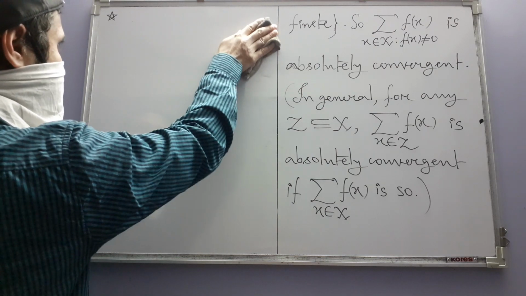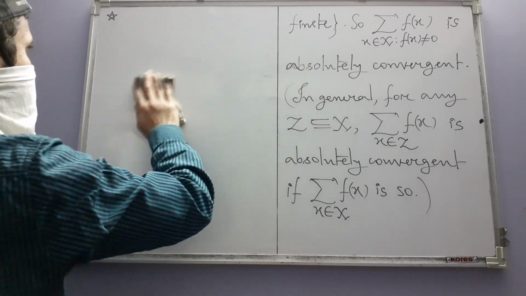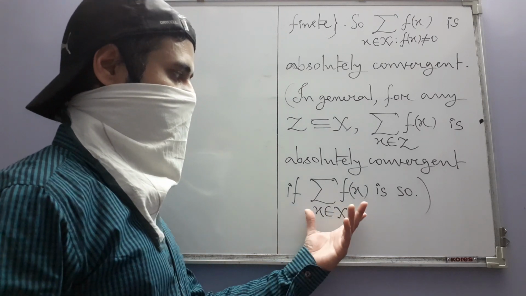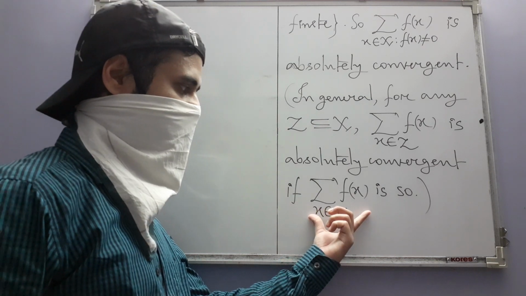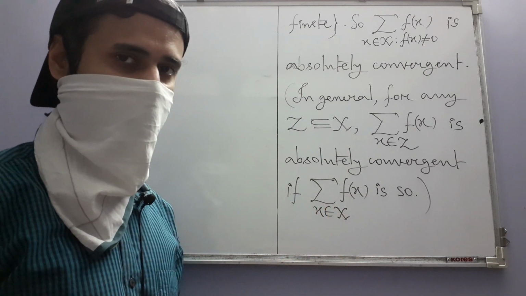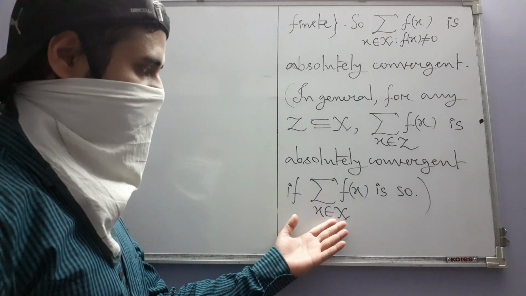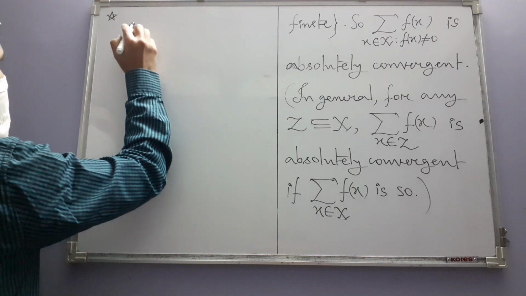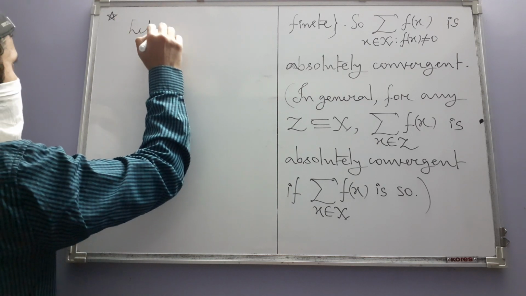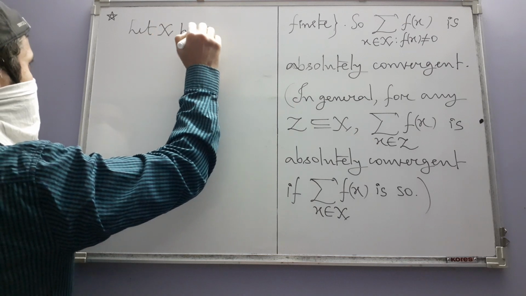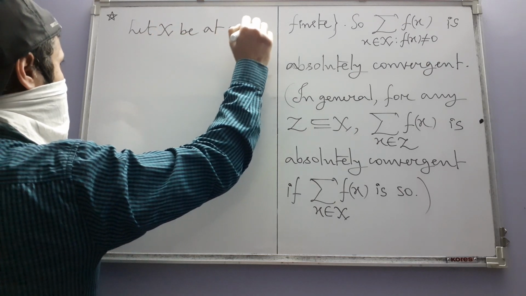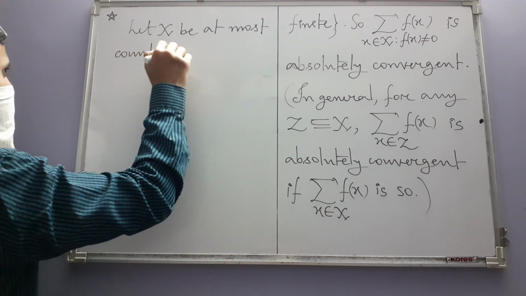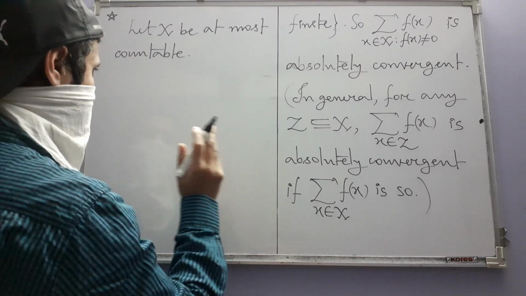I need to first of all assume that X is at most countable, because otherwise applying definition 8.2.1 to see whether this is absolutely convergent or not may be meaningless, because X may not be at most countable. So I need to assume that this is at most countable.